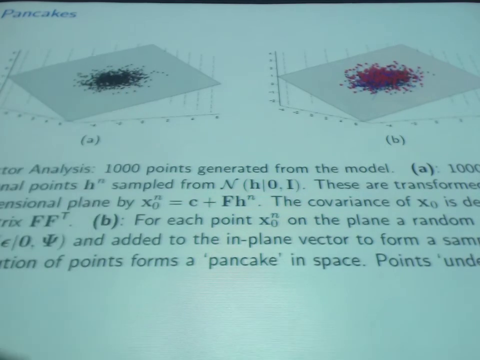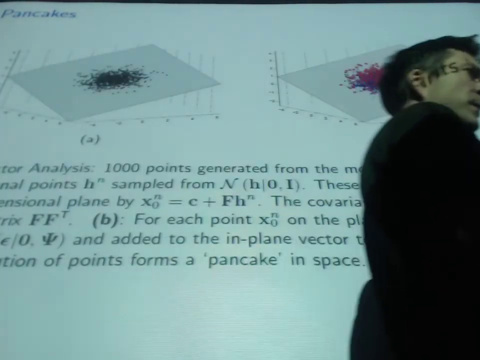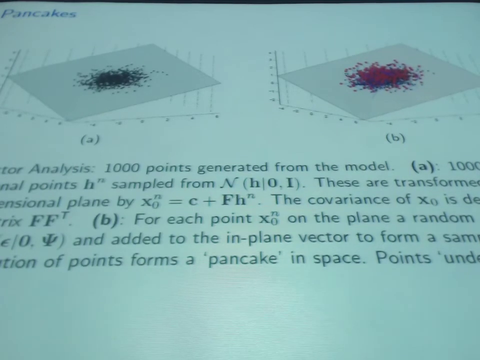We basically end up widening this in-plane saucer to give us a kind of plate, like a galaxy, with a concentration at the center of this plane. What that means is that this model will be good for data that's distributed like that, with some central point in a plane, and small amounts off the plane. Of course this looks very similar to PCA, but this is a probabilistic model.